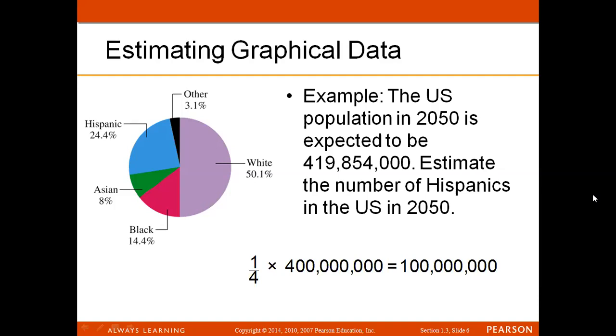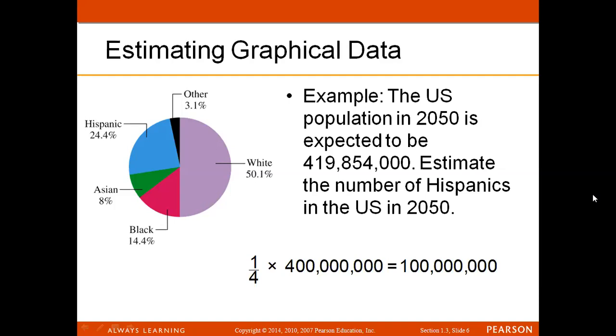If the Hispanic population is 24.4% in 2050, then that's about 25% of the population. So we're using a compatible number, a number near 24.4. 25% of something is 1/4 of something.